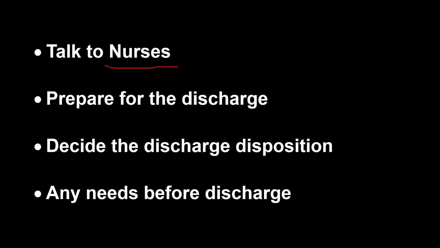Finally, before I finish my pre-round for discharge, for whichever patients I will discharge, I always find out whether they need any specific things before they are discharged. For example, if the patient is going to a nursing home and needs any pain medication, I will make sure to give them the prescription.